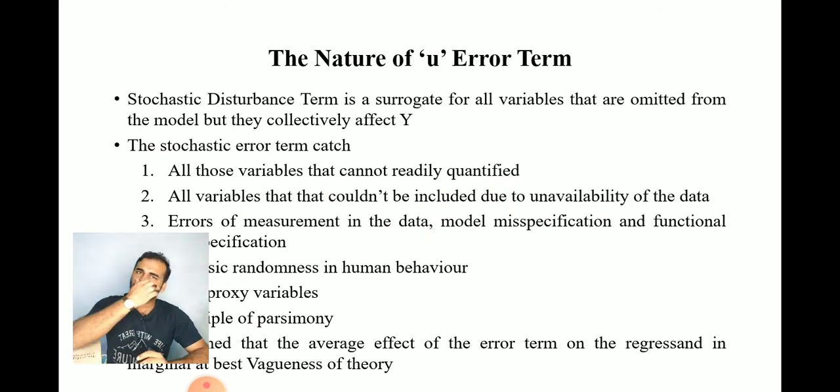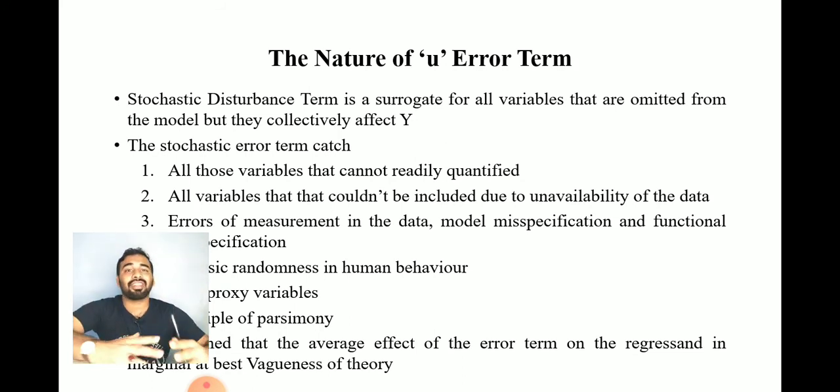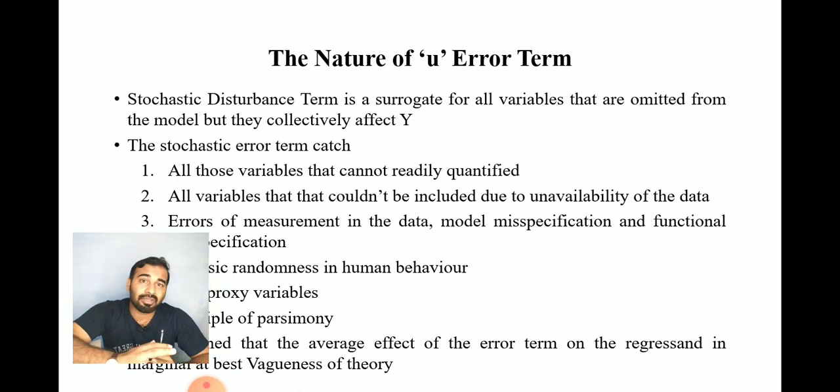Then, coming to the nature of the u variable. As I told you before, the stochastic disturbance term or error term is a surrogate for all variables that are omitted from the model but collectively affect y. It is a group of variables included in our model because it has a collective effect on the dependent variable.